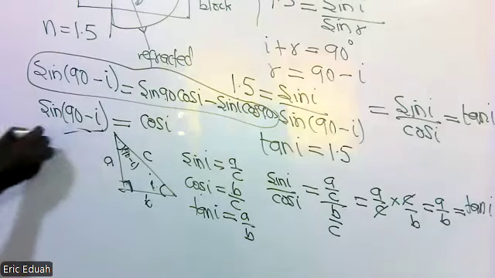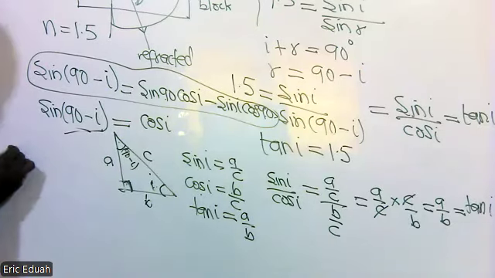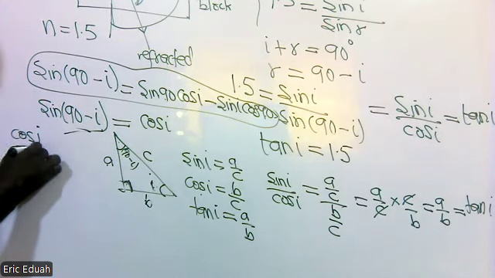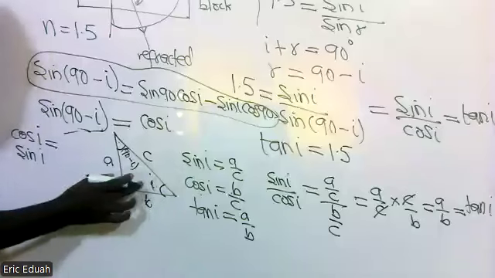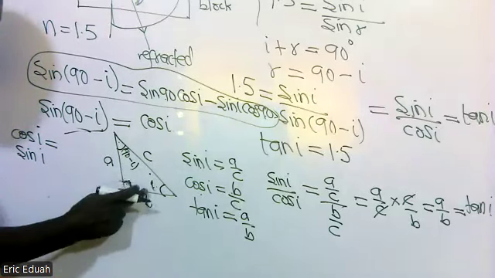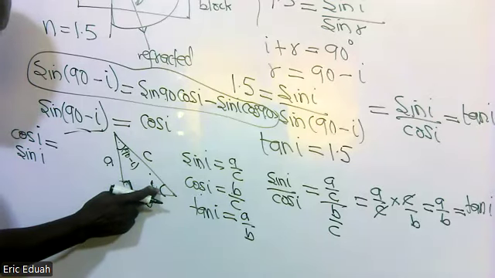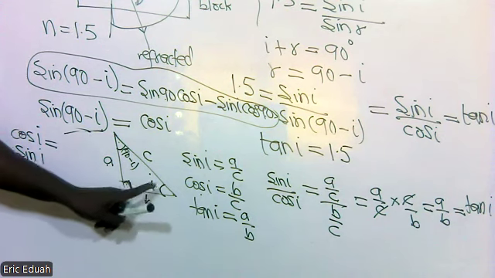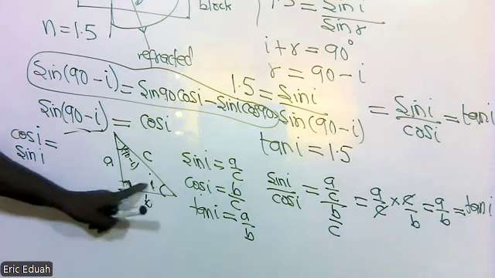Now, I want you to find cos of I, sine of I. From the right angle triangle, what will be sine of I? What will be cos I?